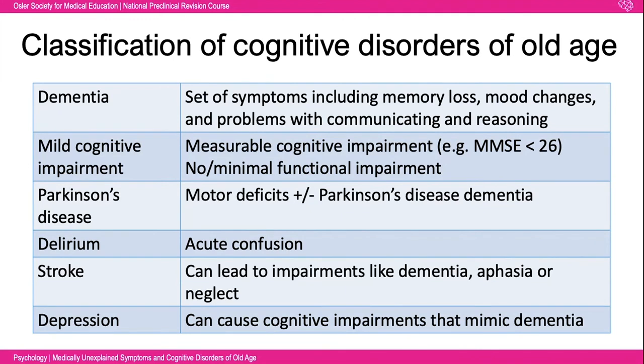So that's a bit of a harder one, but it is Lewy body dementia, and we'll go through the key characteristics of each type shortly.